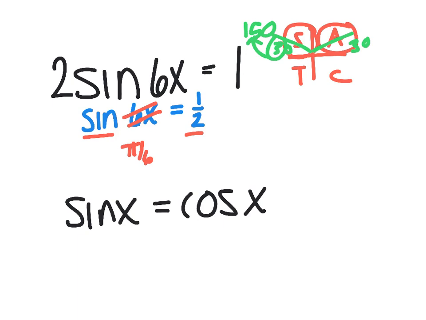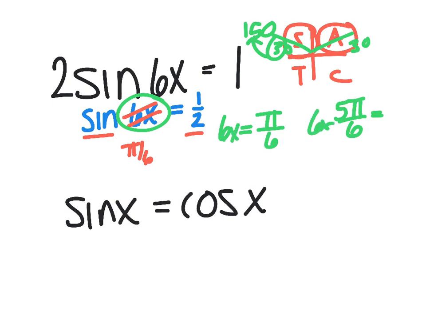That's 5. So I know I have pi over 6 and 5 pi over 6. And I'm going to set each of those equal now to 6x, which was the part I ignored. So I'm going to get x equals pi over 36 and x equals 5 pi over 36.